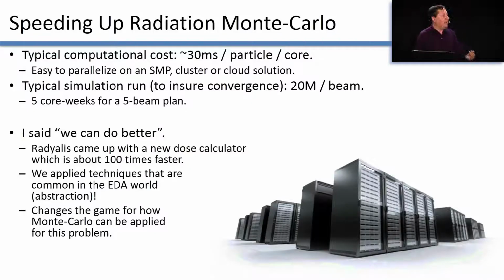And this has changed how people do this. So the results that we are getting from this code are changing people's perceptions about how Monte Carlo can be applied. And to them, Monte Carlo is the gold standard. Monte Carlo is the most accurate measurement they can make. So it's very important to them because it gives them accuracy while at the same time giving them speed.